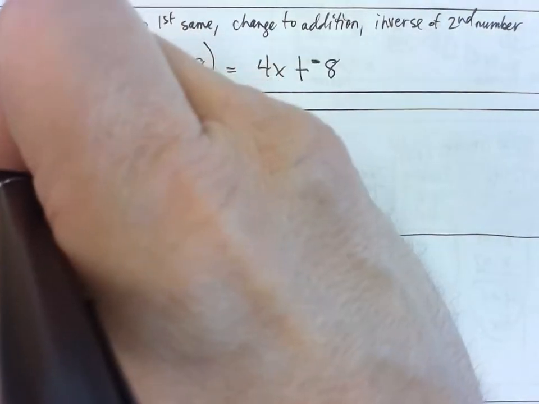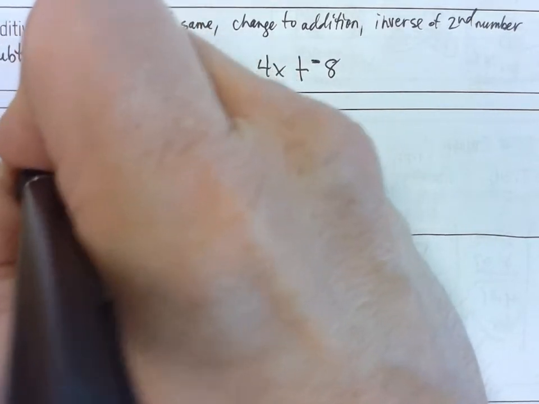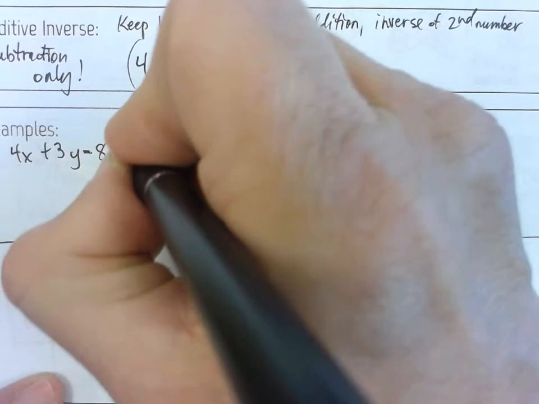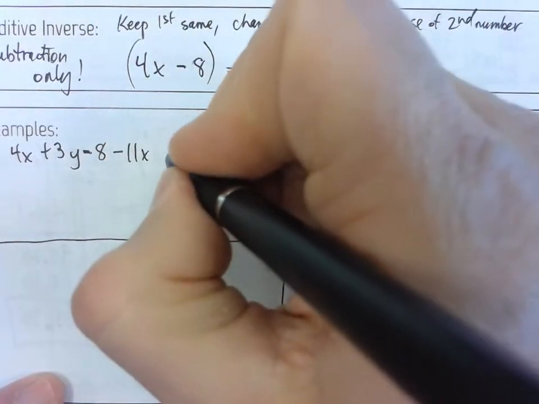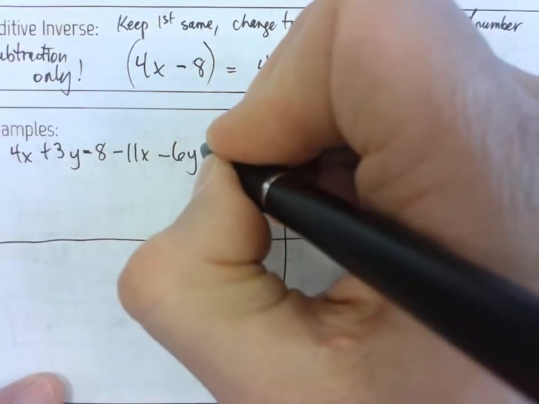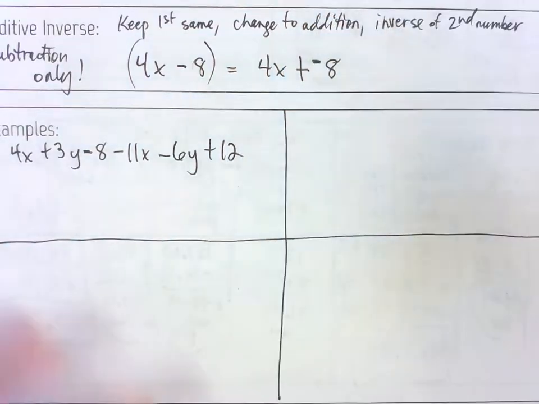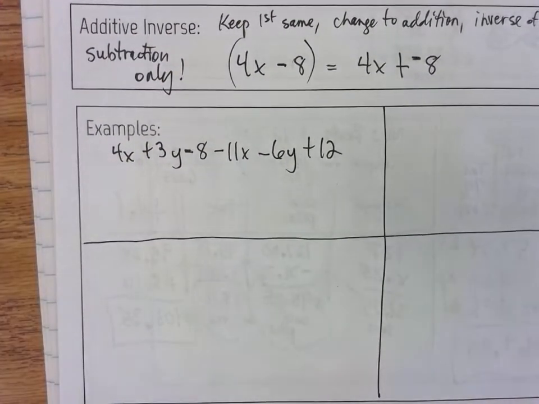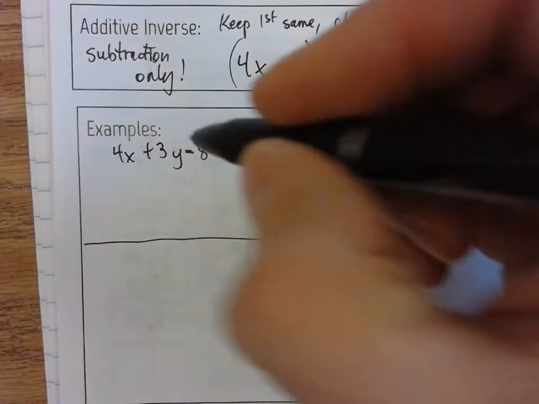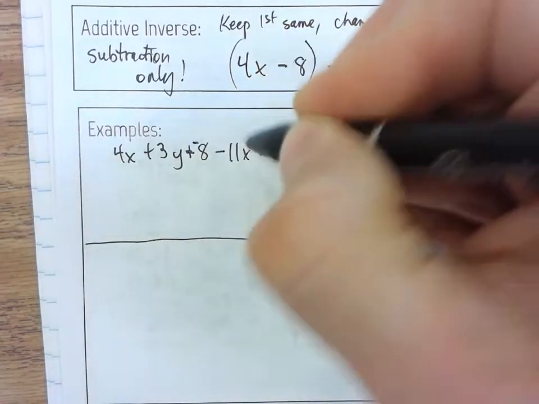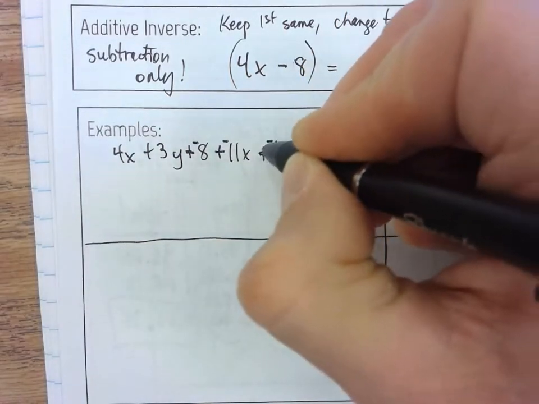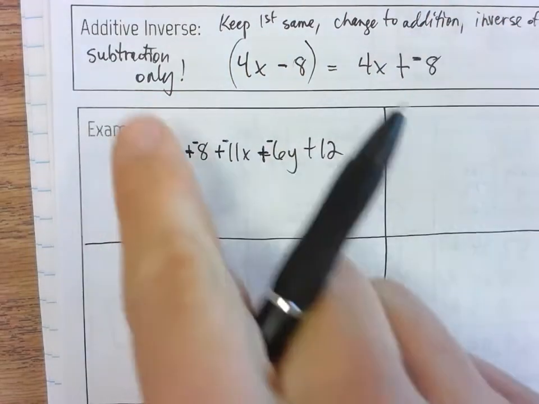So let's say we've got this one. 4x plus 3y minus 8 minus 11x minus 6y plus 12. Alright, so if you can see that alright, I'll stick it right there. Now, on every one of those subtract signs right there, if you want to, you can make that additive inverse. So I can make that a plus negative, I can make that a plus negative, and I can make that a plus negative.